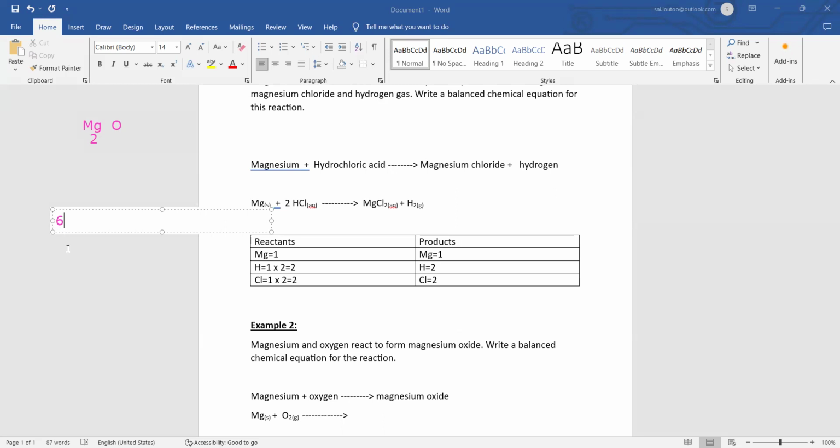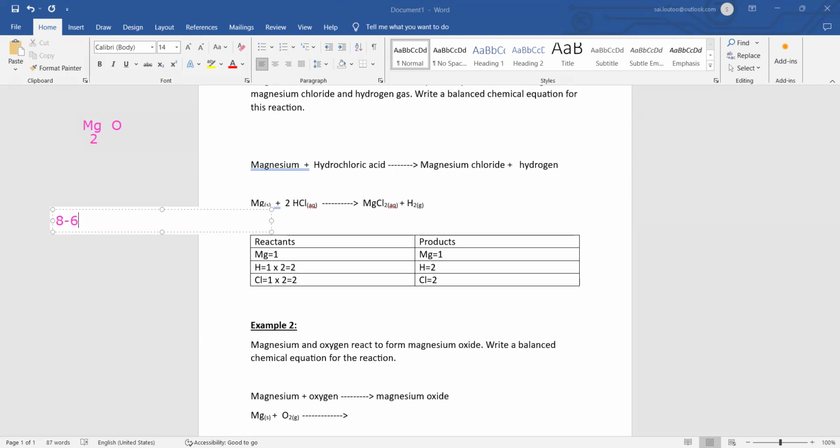For elements from group 4 to group 7, if you want to find the valency, you take 8 and minus the group number.